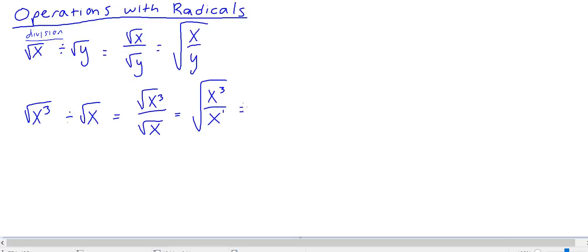Since they have the same bases, and x with a bigger exponent is in the numerator, we can subtract 3 minus 1, x to the third minus x to the 1, and leave it in the numerator. So that becomes x squared over 1, which is just the square root of x squared. And soon we'll learn that you can simplify the square root of x squared to x.